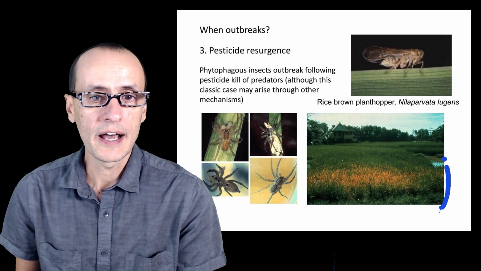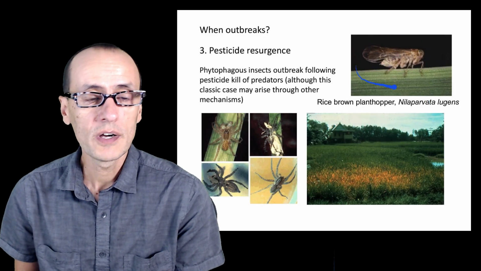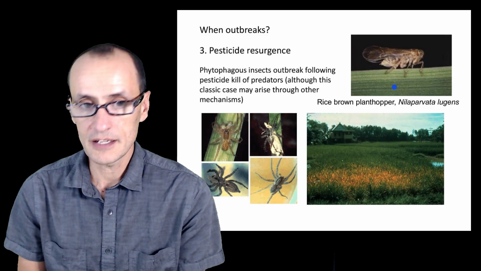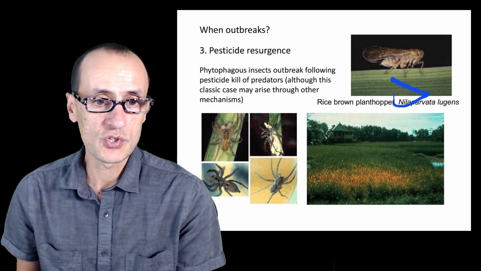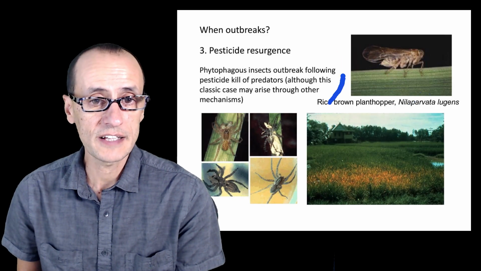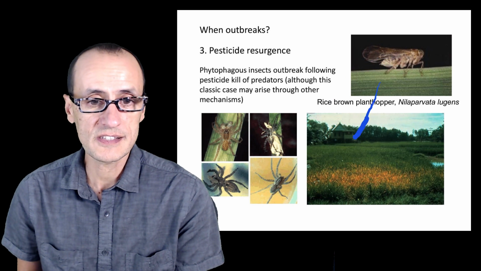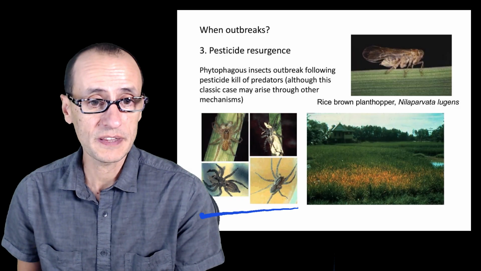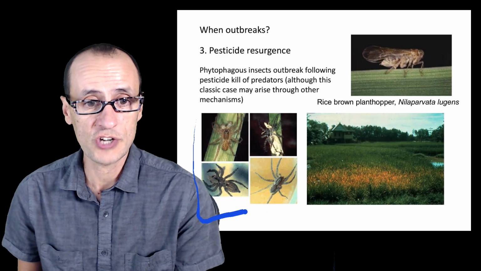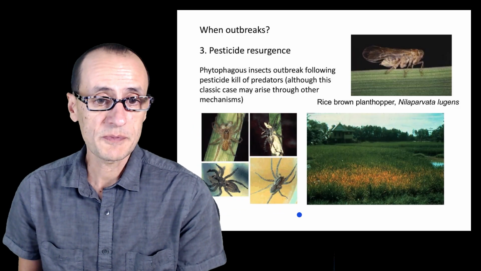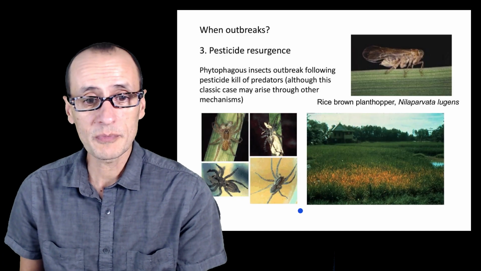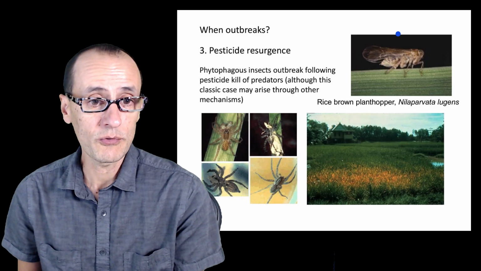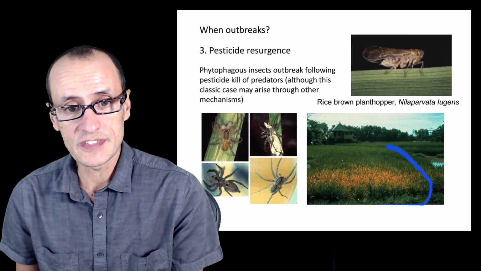As these populations start to grow, growers, particularly in the 60s and 70s, and even today to some extent, resorted to broad-spectrum insecticides to control these insects. What happens is these kill off not just the herbivores, but also the predators, like these generalist spiders. These spiders have longer generation times than the herbivores, which means that the populations of the herbivores can rebound quite rapidly, causing damage to the plants.